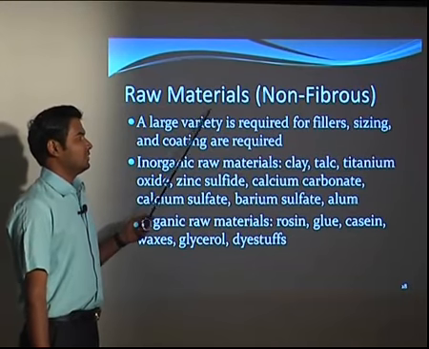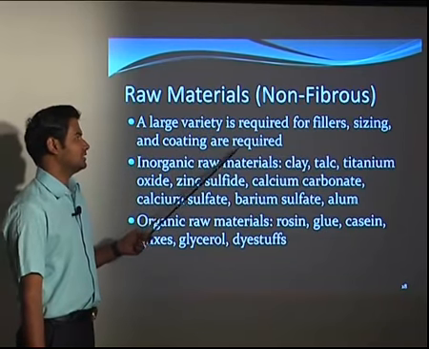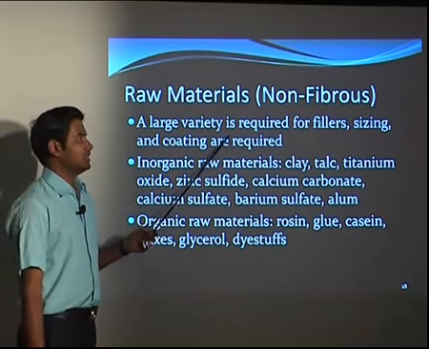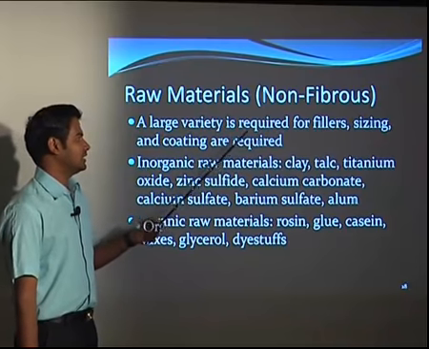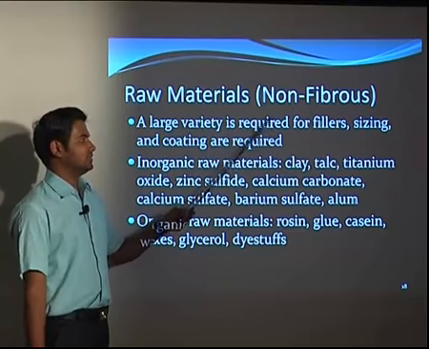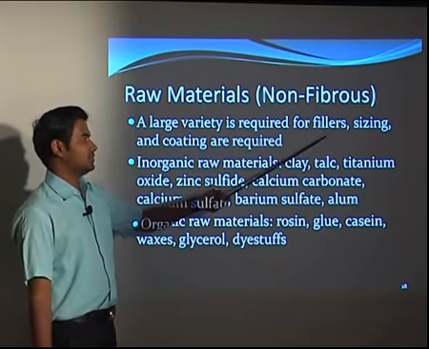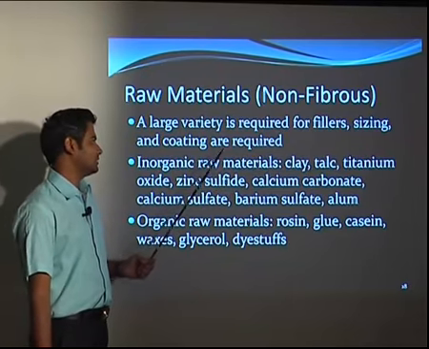As far as the non-fibrous material is concerned, a large variety is required for fillers, sizing and coating. When we consider paper with the fibrous material, we want other material which will impart strength. Generally fillers are required to give strength to the paper. Then sizing is required, and coating is also required to prevent it from moisture.